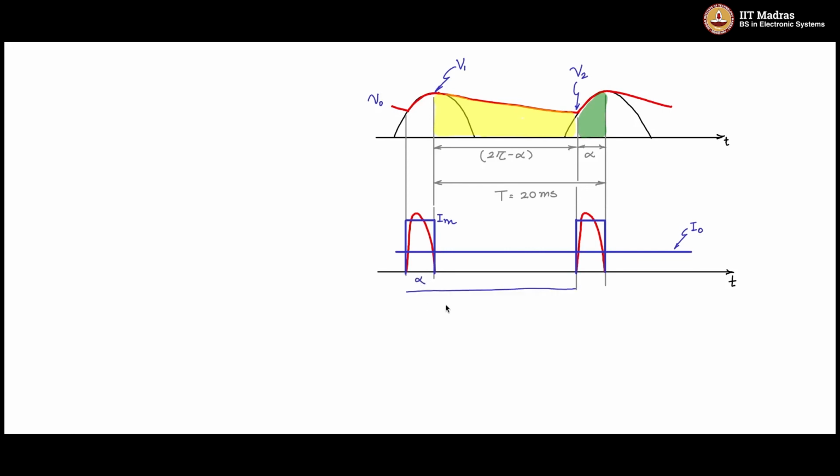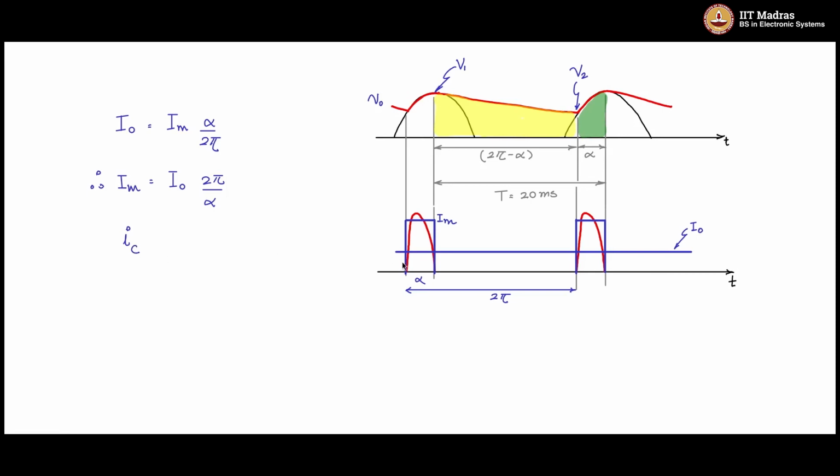We know this is alpha and this is 2 pi, and therefore we can say that I naught is equal to Im into duty cycle. So I naught is Im into the duty cycle, alpha by 2 pi, and therefore the peak value in terms of the known value I naught, which is given, it is a load specification, Im is equal to I naught into 2 pi by alpha, and alpha we found out is cos inverse of V2 by V1.